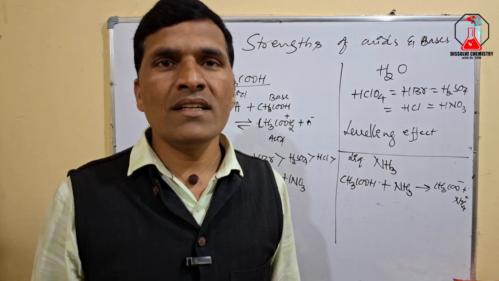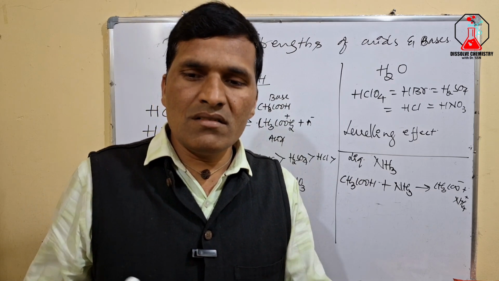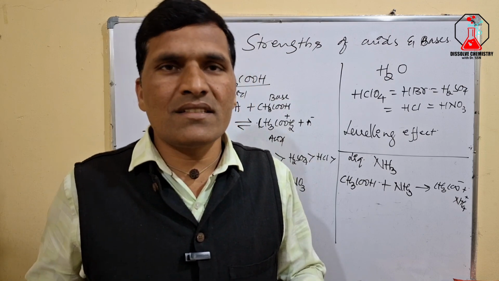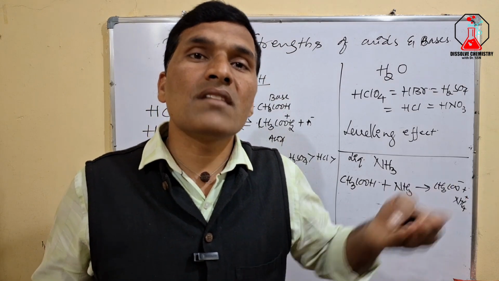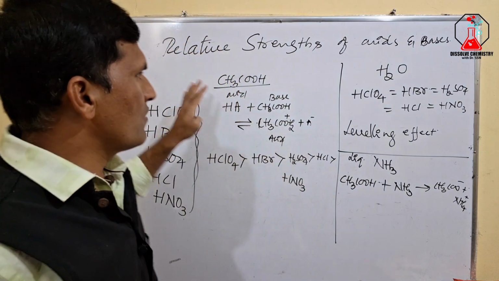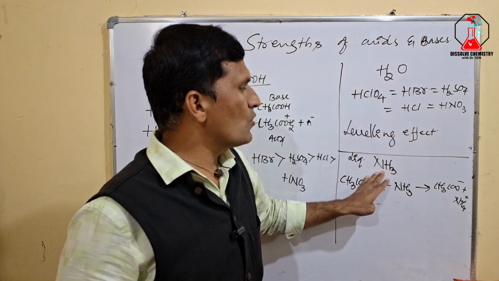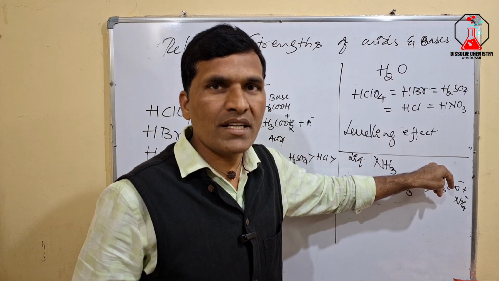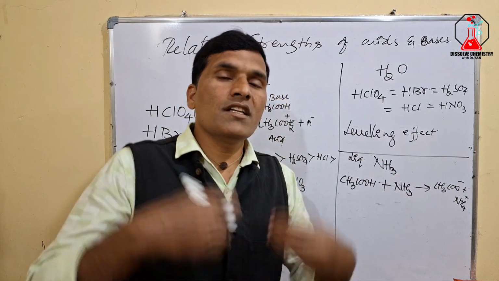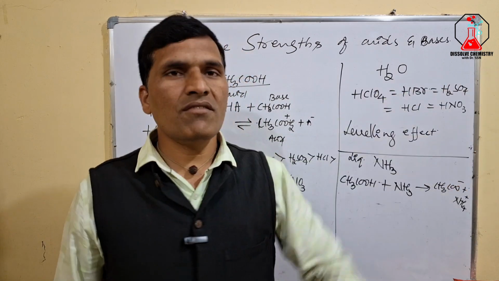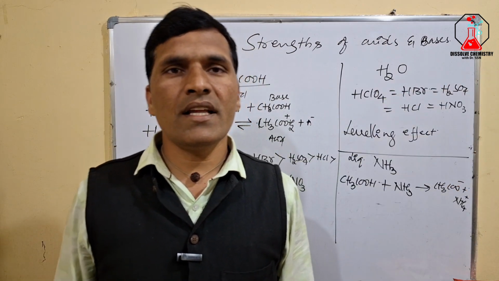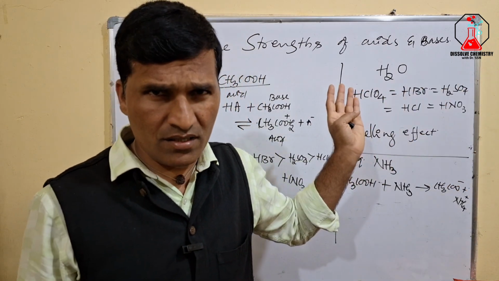What is the reason for that? It is not anything varied with acetic acid; it is the variation in the solvent. Here we have taken a weak acid in a strong base, a still more strongly basic condition. Then even acetic acid levels with strong acids like HCl, HBr, and perchloric acid.